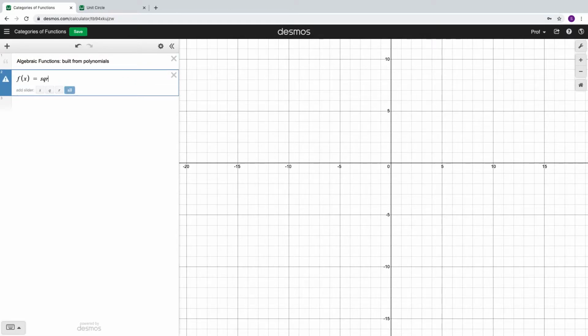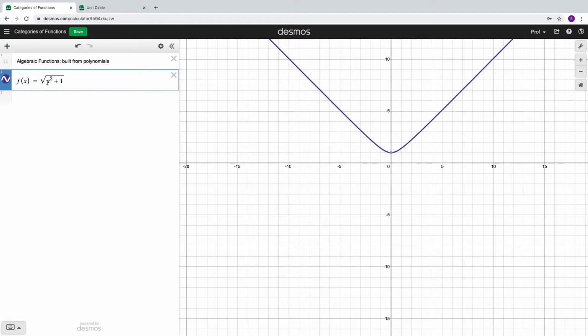So for example, the square root of x squared plus 1. x squared plus 1 is a polynomial, and we are taking the square root of it. We could write that square root using a fractional exponent, and we could rewrite this as x squared plus 1 to the 1/2, because 1 is the power and 2 is the root.